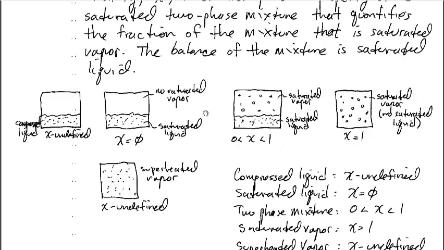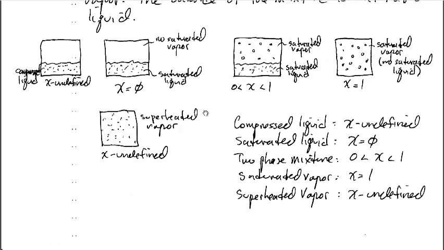So I've created a little diagram with a chart here to summarize the various values that quality could be. And first of all, if we're to the left of the saturation dome, we're in the compressed liquid region, so this is all liquid here. Well, the substance isn't saturated, so quality is undefined.